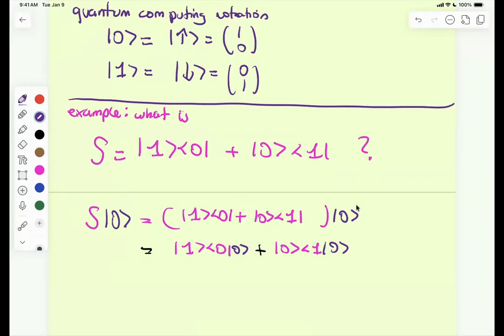And this part corresponds to the inner product, or the dot product, between the state 1 and the state 0. Again, if you think about their actual representations, they're orthogonal states, so this one goes away because of the orthogonality.